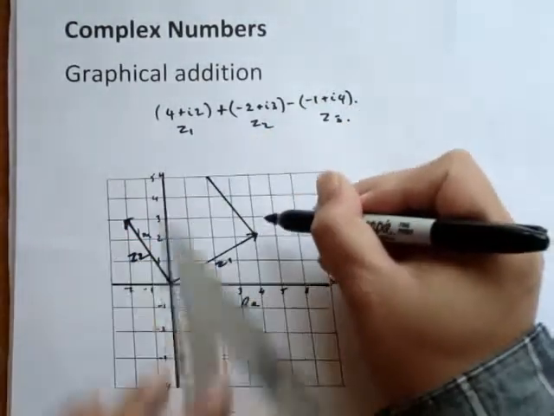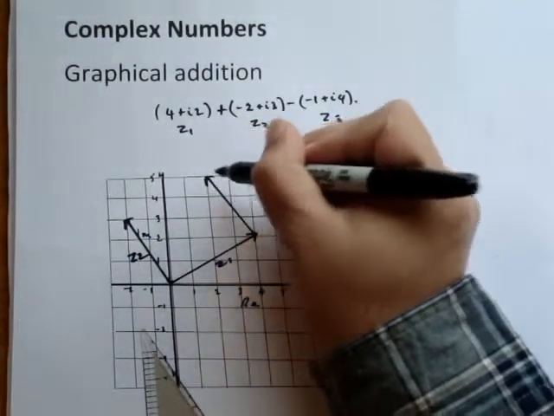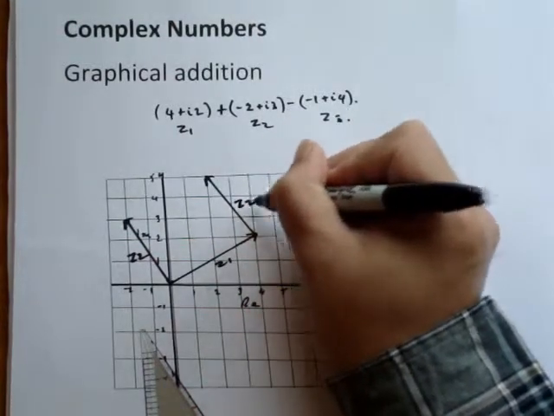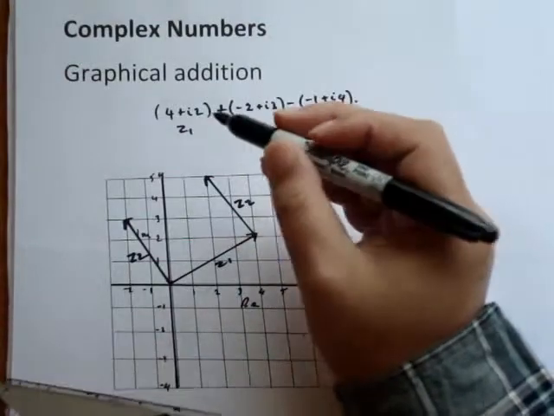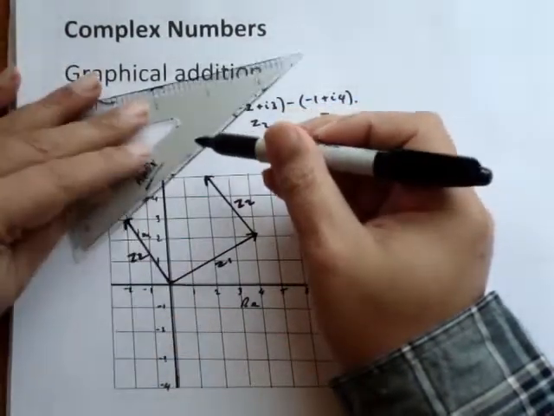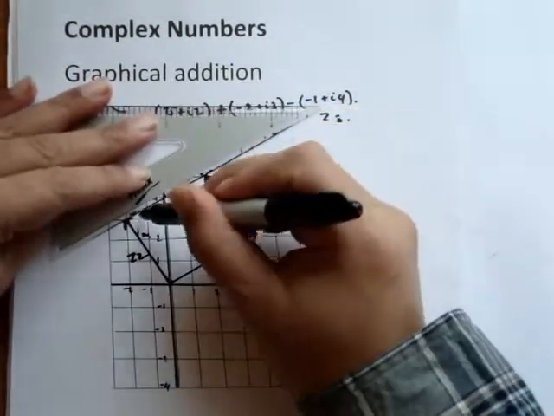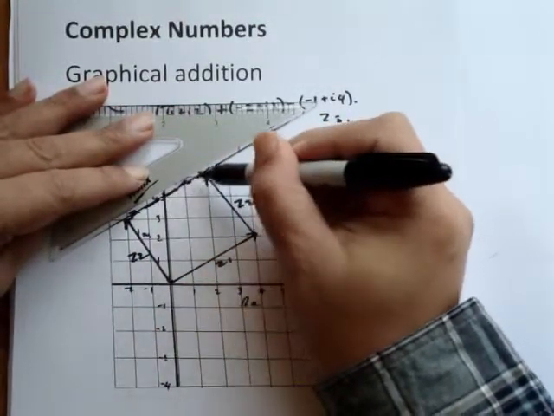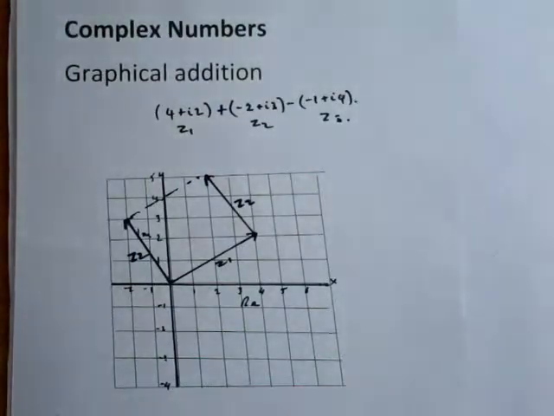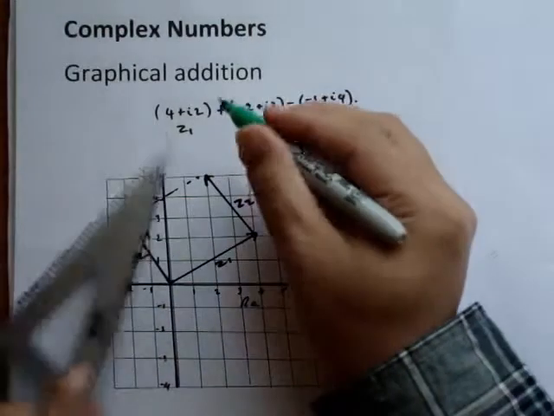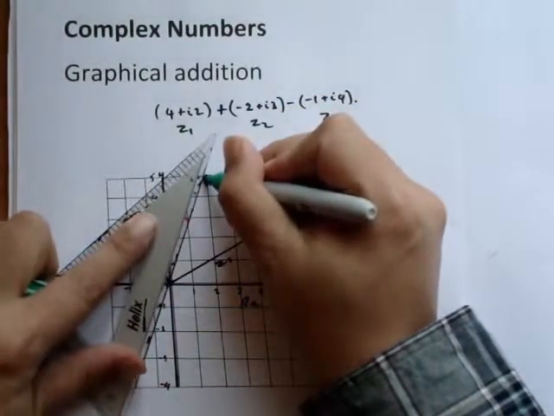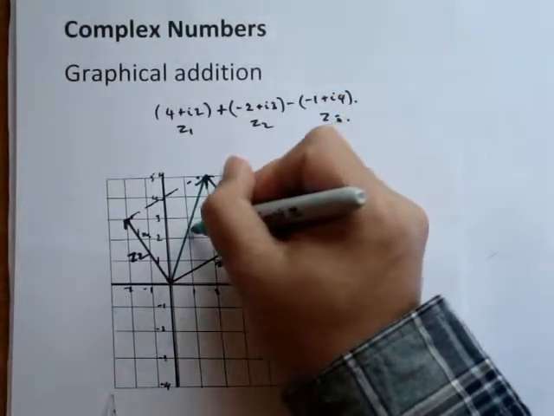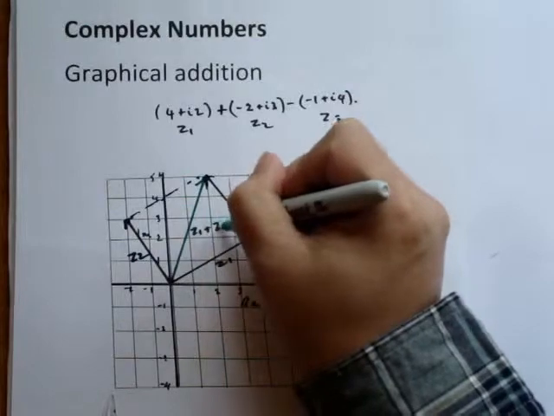So this is our Z2 when we brought it over to the end of Z1 to form a chain. Now we draw our parallelogram, which would be here, and our resultant vector in green would be from the origin to that point there. This is now Z1 plus Z2.